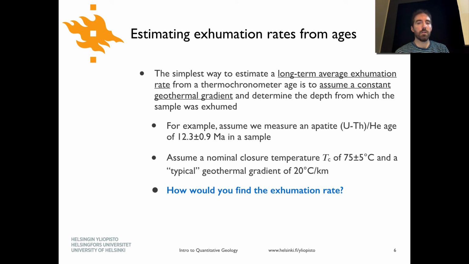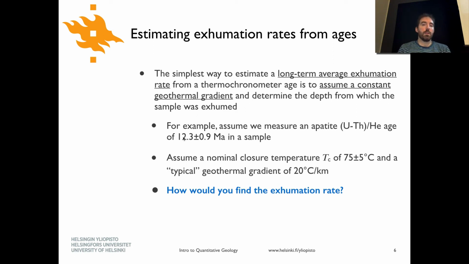I already alluded to this earlier, but one of the simplest ways we could do it is assume that the temperature gradient is constant. If we have a constant temperature gradient, so a constant increase in temperature with depth, and we know the closure temperature, we can figure out what the depth would be when we were at a certain temperature.